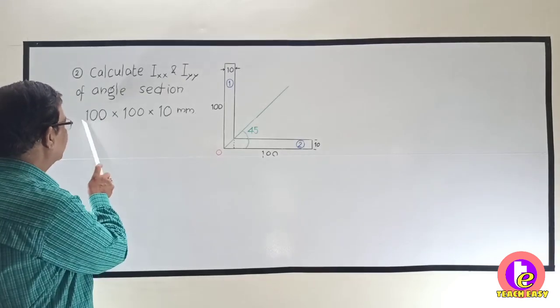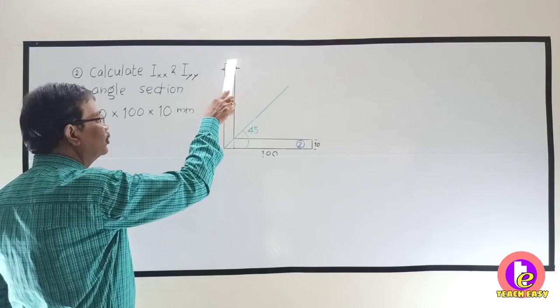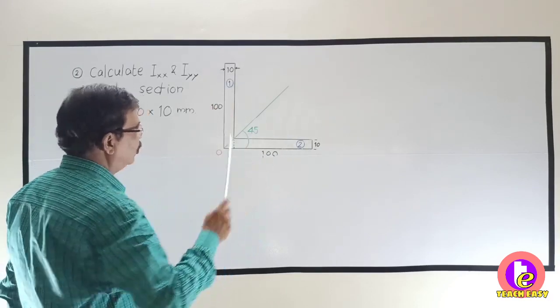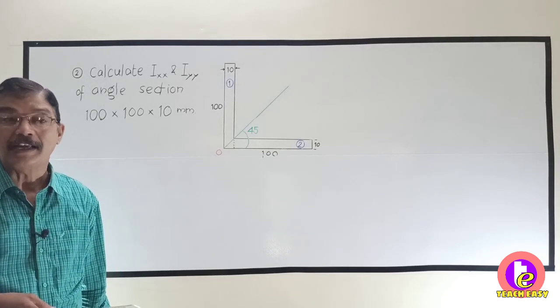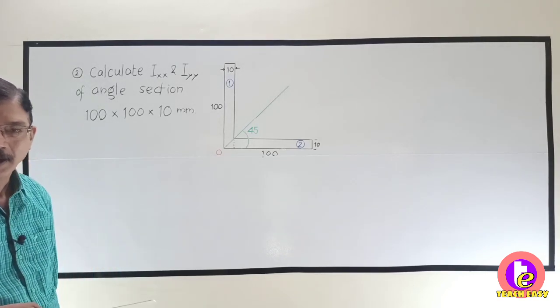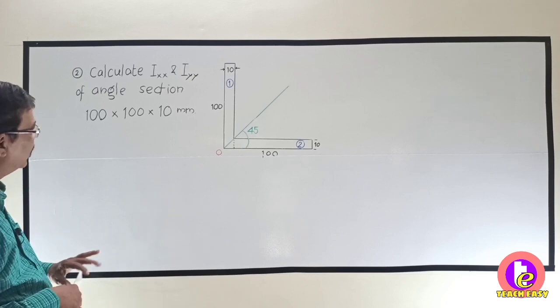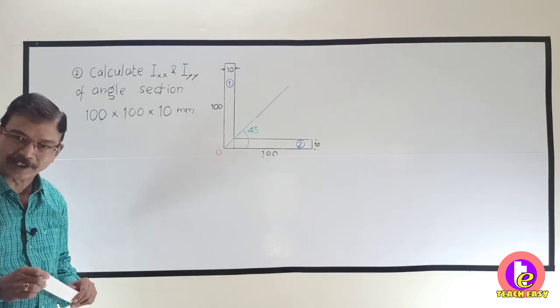In this case, it is 100 by 100 by 10. So this is also 100, this is also 100. So this particular section is known as an equal angle section. The angle section in the previous problem was an unequal angle section.